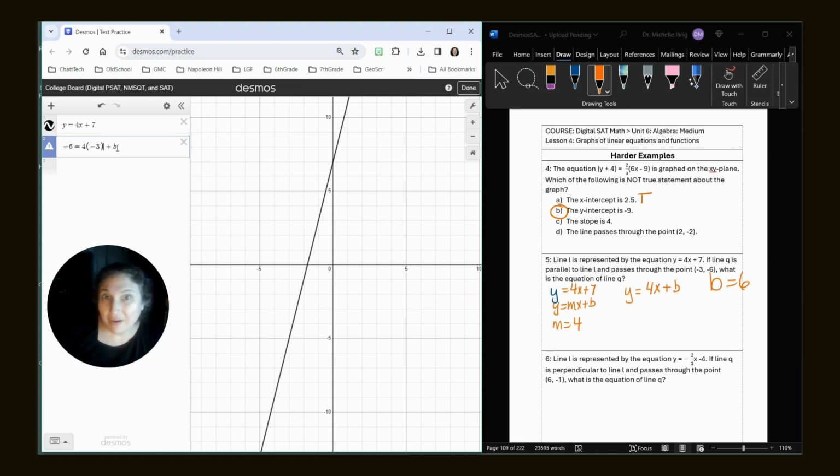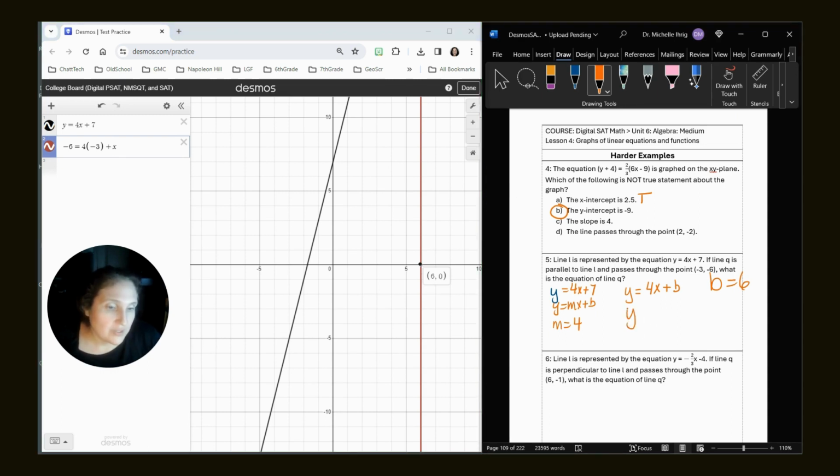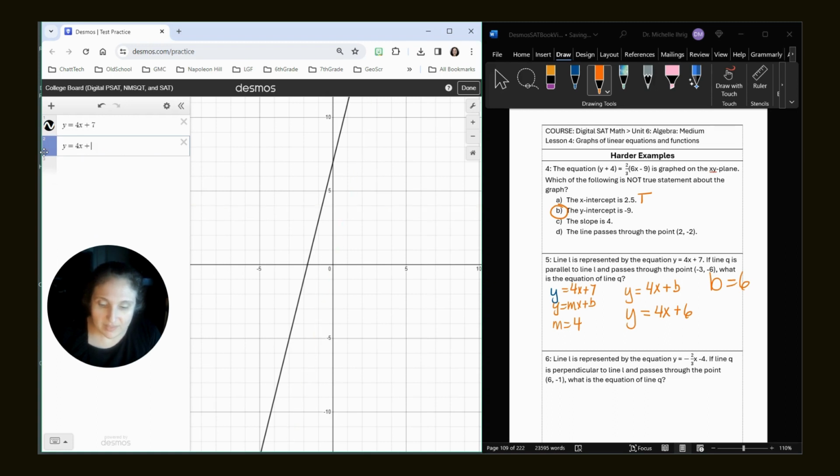The graphing calculator doesn't understand b unless we use the slider tool, so we're just going to delete that and put in x, and look what we get, 6. So our equation is y equals 4x plus 6. We can put that in and see that yes, indeed, we have parallel lines, and yes, indeed, it goes through -3, -6. But obviously, it was much faster to use the slider tool.